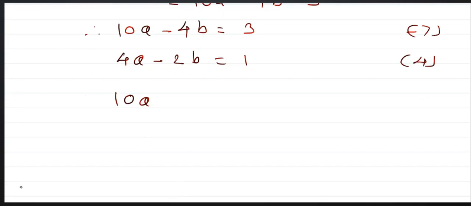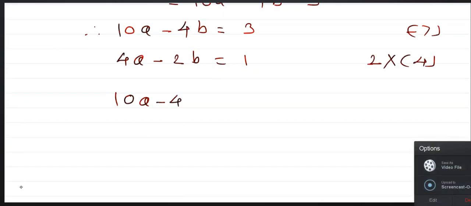And now solve these two equations, that is equation number 7 and equation number 4. Now multiply equation number 4 by 2, then b will get cancelled.